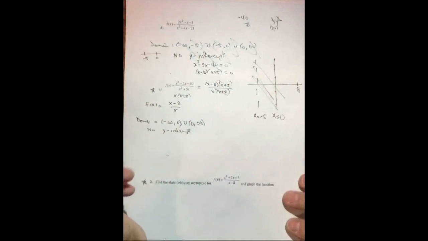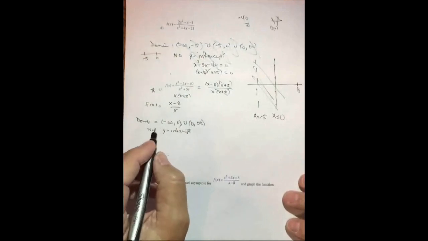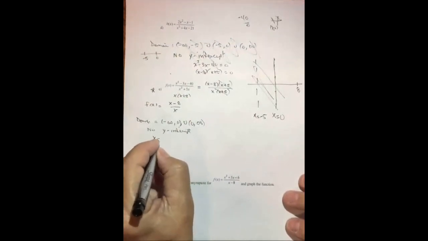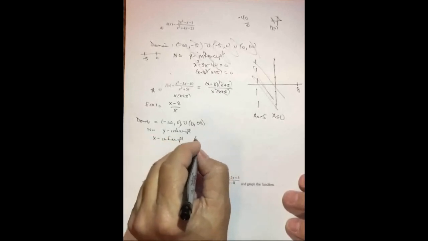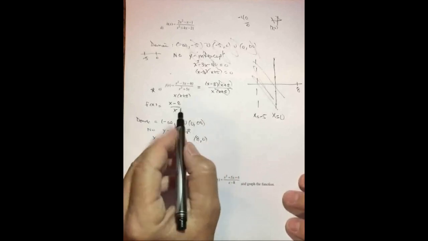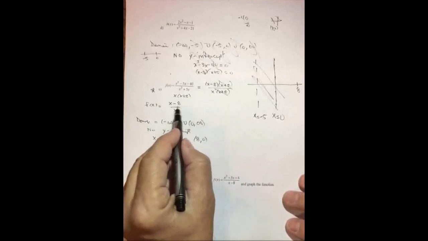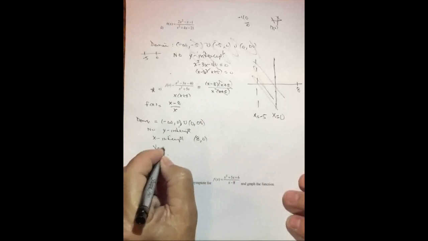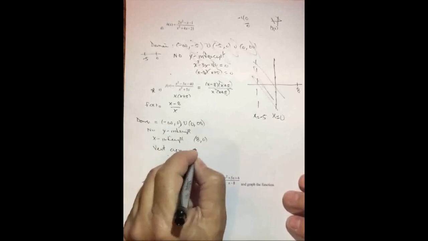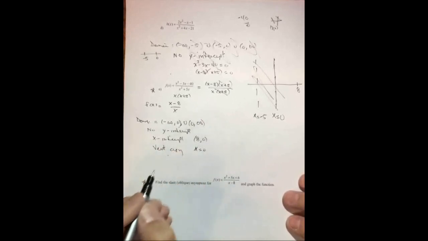That can't happen. X-intercept. X-intercept is going to be at 8, 0. Again, you would set this equal to 0, and that can only happen when the top is 0. Okay, vertical asymptote. Yep. X equals 0, or the y-axis.